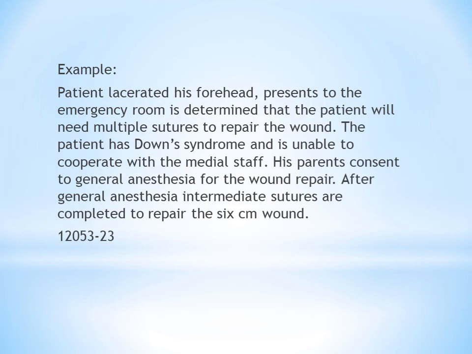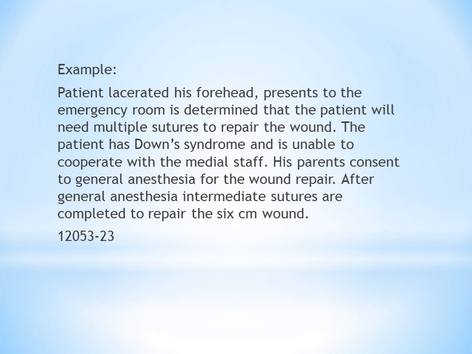Example: a patient lacerated his forehead and presents to the emergency room. It is determined that the patient will need multiple sutures to repair the wound. The patient has Down syndrome and is unable to cooperate with the medical staff. His parent consents to general anesthesia for the wound repair. After GA, intermediate sutures are completed to repair the 6 cm wound.